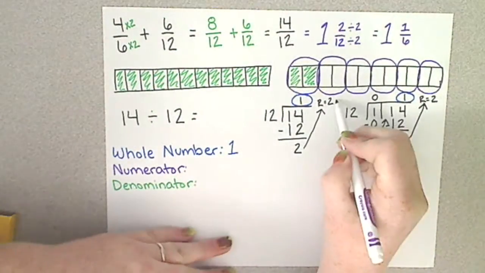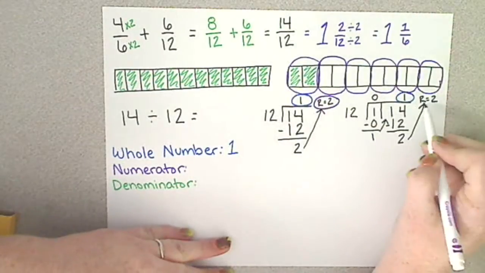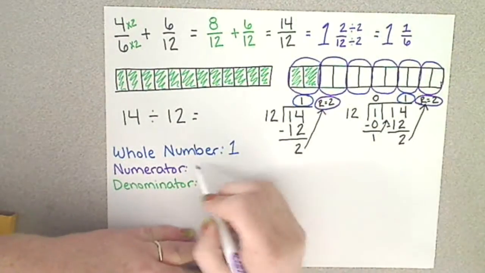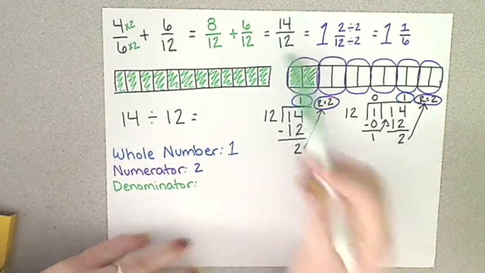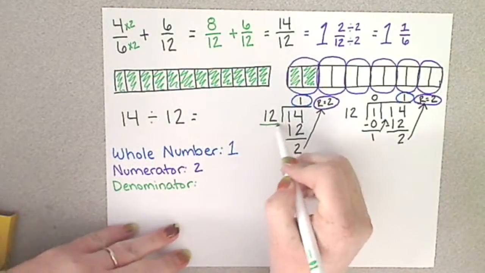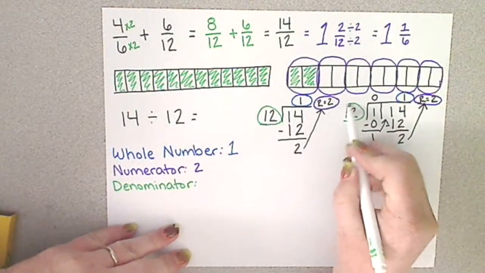Your numerator is your remainder, which is 2. And the denominator does not change. The denominator on your original fraction was 12. So your divisor is your denominator.